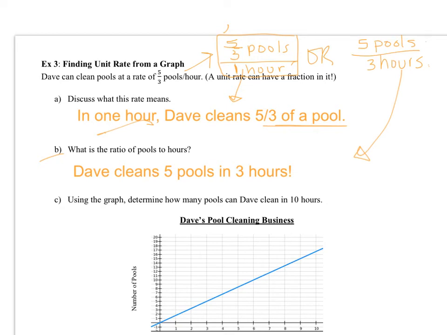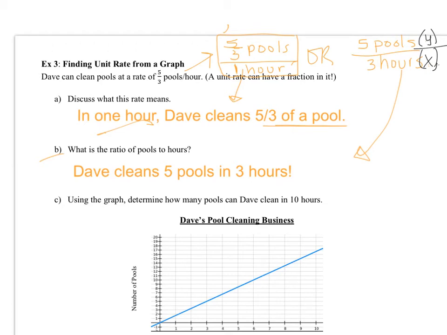Before we move down to our graph I see here below, I want to go back up to our ratios we wrote at the top. Remember before where I said y is always going to be on top and x is always going to be on bottom? So we have y divided by x. Pools is our y value and hours is our x value. So let's go ahead and take a look at our graph and see if that's still true.